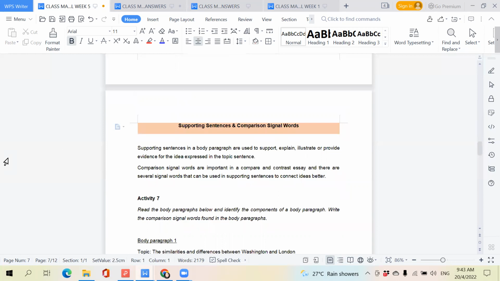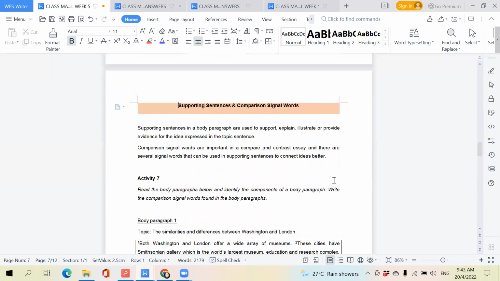So when you make a claim, you will have to defend that claim, or you will have to provide evidence to support that claim. All right. So comparison signal words are important in a compare and contrast essay. And there are several signal words that can be used in supporting sentences to connect the ideas better.